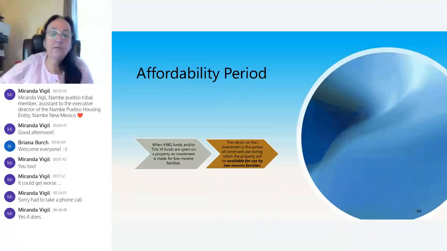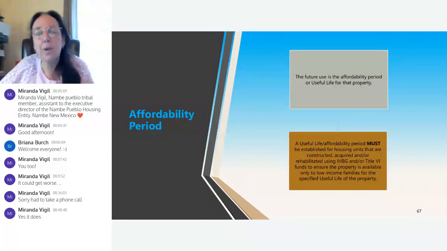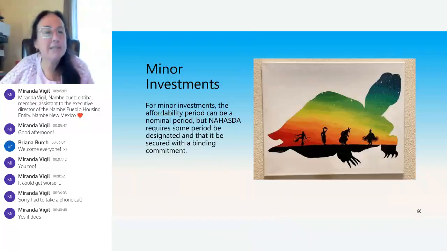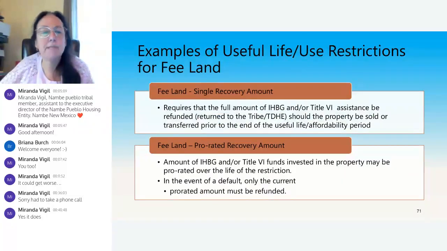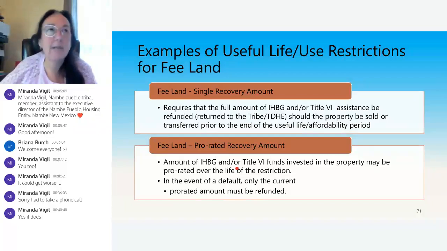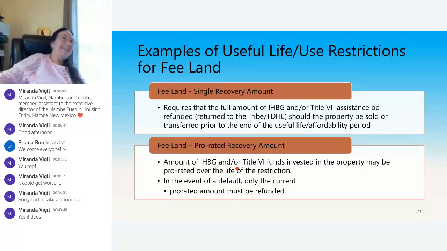Now, there are a couple of different things that you have to make a decision about: your single recovery amount or your prorated amount. With a single recovery amount, let's say we give you $10,000 for 10 years. In the 9th year, you would still owe $10,000.